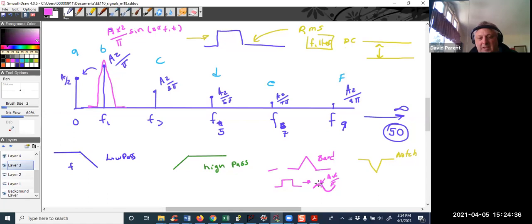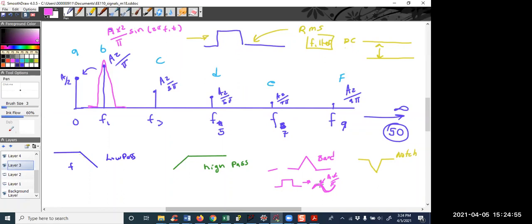So the sine wave, does that look like a DC? No. Okay. No.